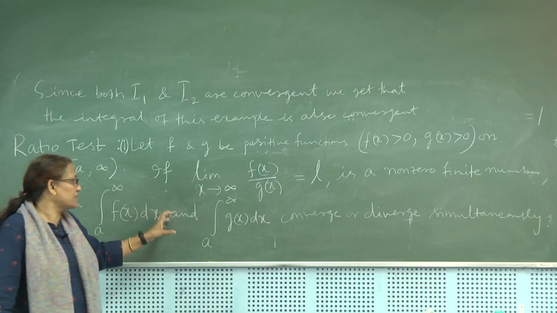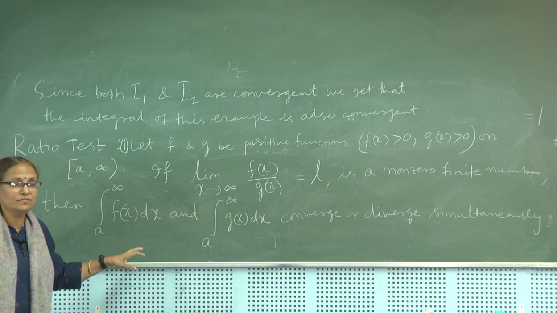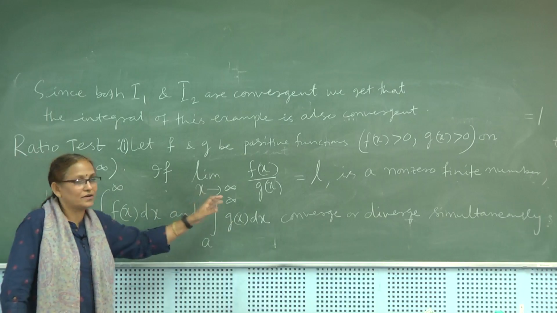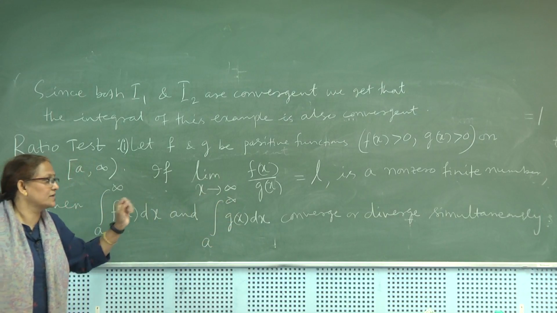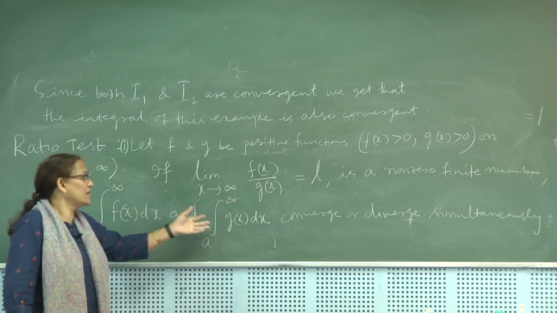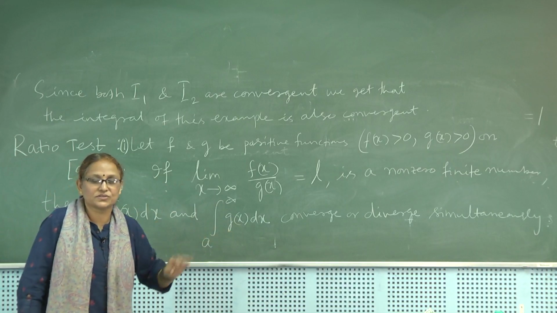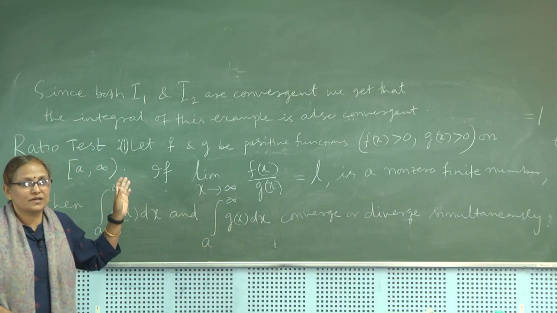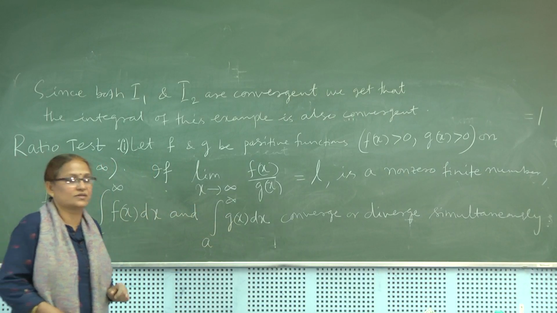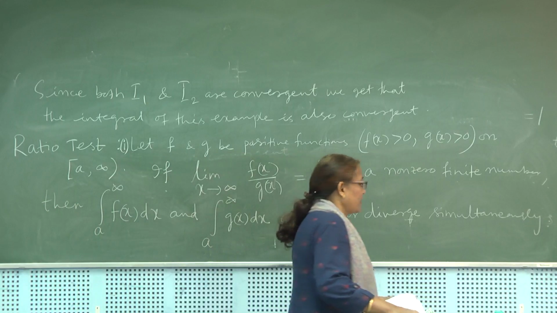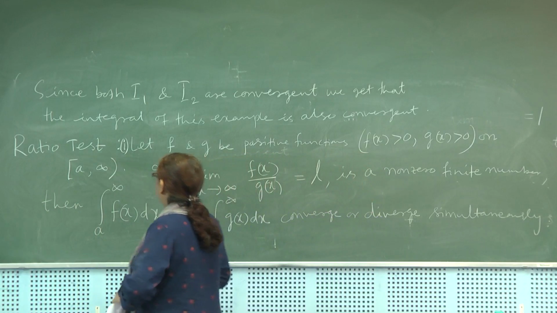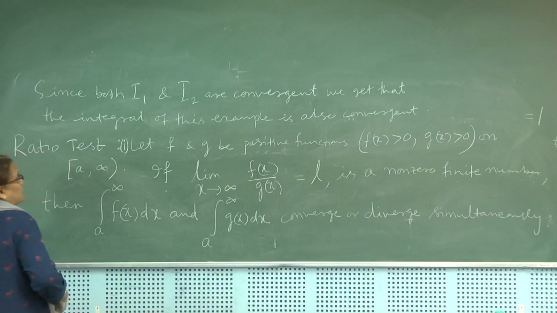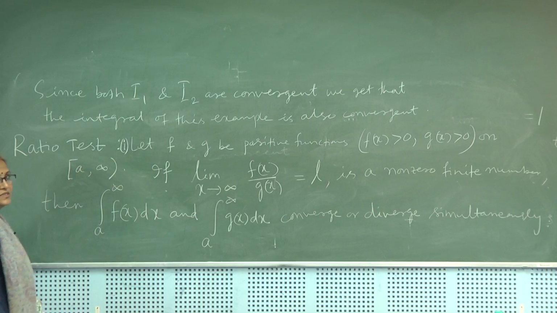If we know the convergence of one of them, then we can conclude the convergence of the other. Similarly, if one of them is divergent, the other one is also divergent. This is the meaning of converging or diverging simultaneously. Well, this is about the type 1 improper integral we have considered.